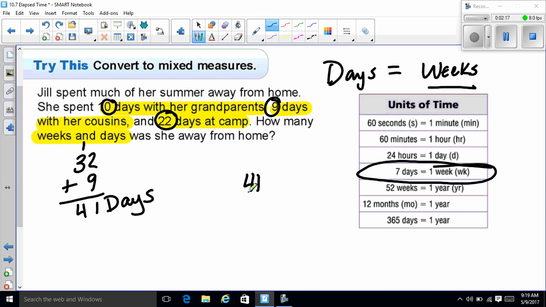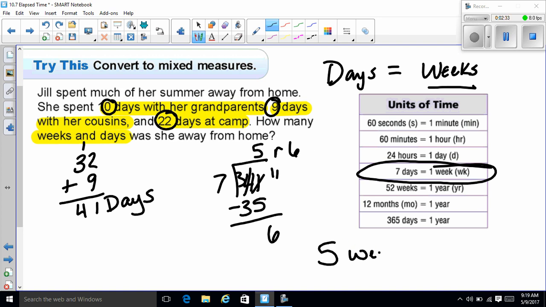So 41 divided by 7. I know that 7 can go into 41 5 times, which gets me 35. If I subtract that, I get a remainder of 6. That 5 is telling me how many weeks she was away, and my remainder is telling me how many days. So Jill was away 5 weeks and 6 days.